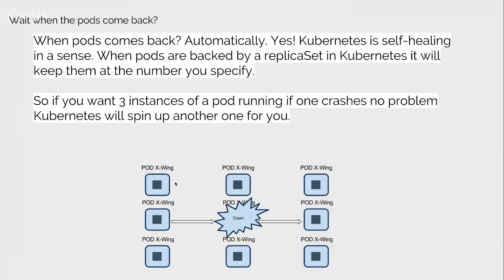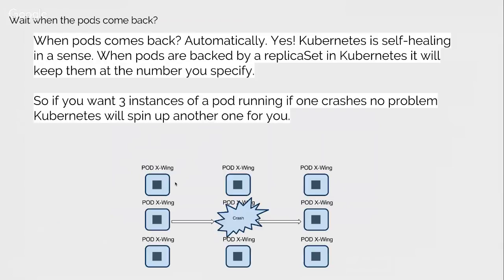When the pod comes back up automatically, you're like, what? You would think that you would have to go in and do it manually, but Kubernetes is here to help you out. It's self-healing in a sense. When pods are backed by something called a replica set in Kubernetes, that replica set will keep your pods running at the number that you specify.